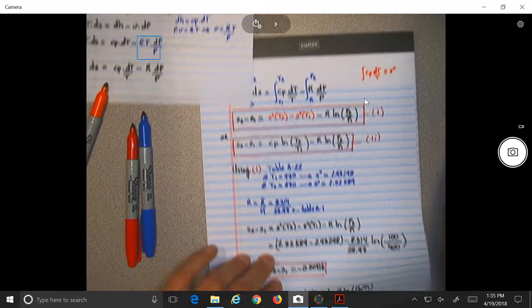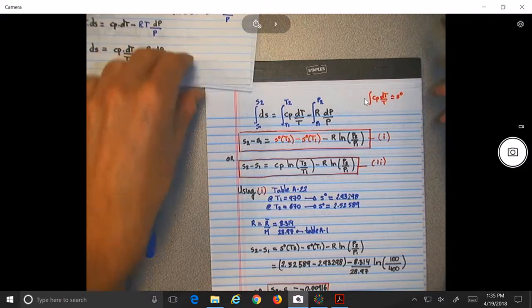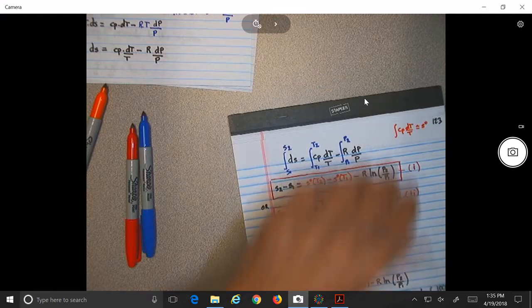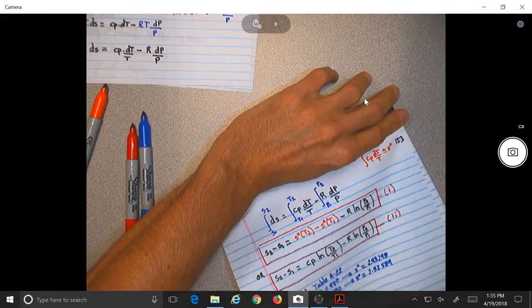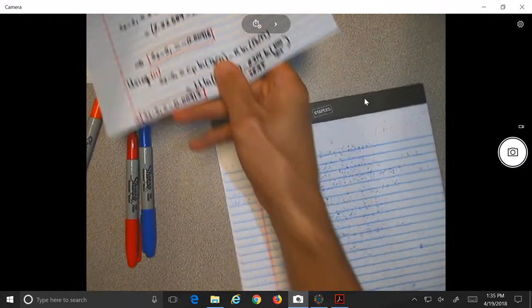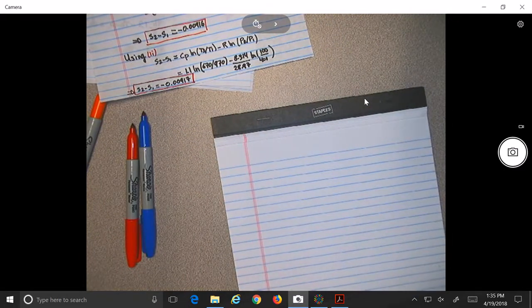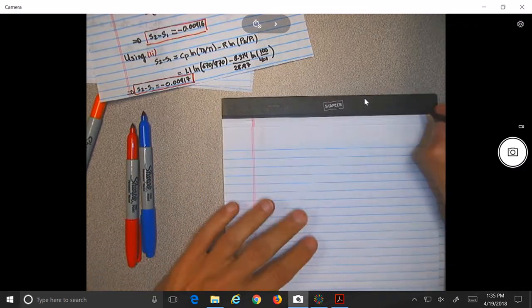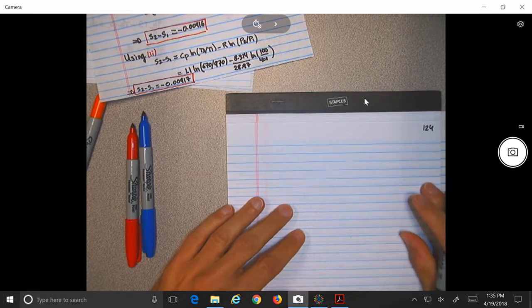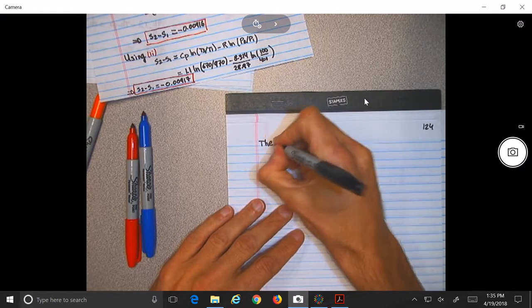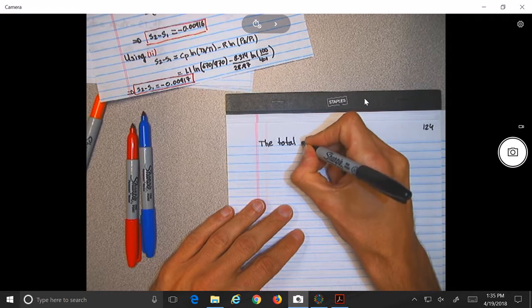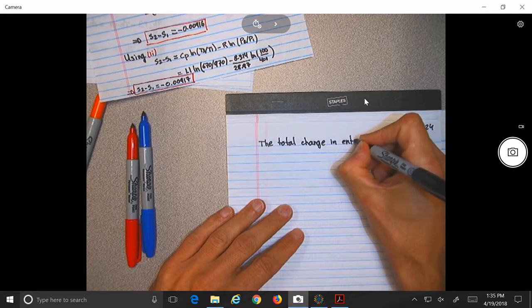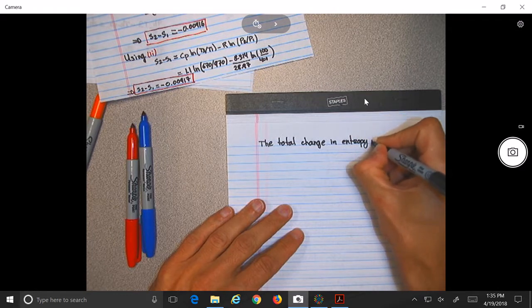Let me just rewrite the equation. Maybe I forgot to add something to that equation. 121, 122, 123. So 124, the total change in entropy is what?